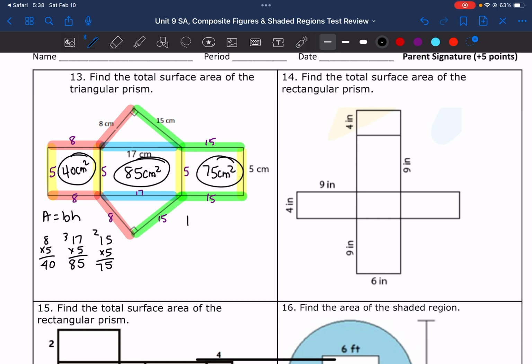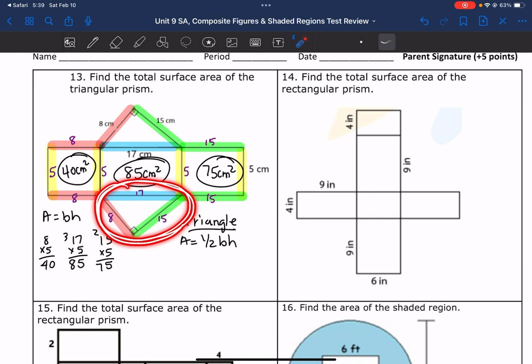Now all we have to do is find the area of the triangle by doing area equals 1/2 base times height. Okay. Now you may have to look at this. You may have to move it, but I want to take all that off, okay? I just want to look at this part, okay? The 8 is going to be your base. The height is going to be 15, okay?